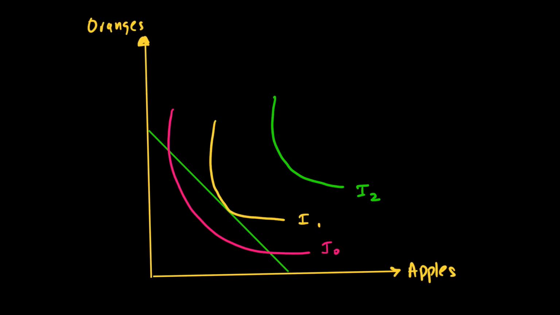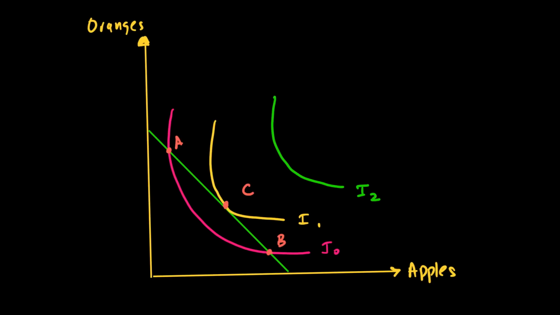But the problem is this, that I2 is right now unaffordable given my budget line is this green budget line. So with this green budget line, I2 is unaffordable. So this is not a combination that I can afford, and that's why it's not a combination which is going to be considered right now. But I could totally buy combination, for example, A, or combination, for example, B and combination C. Why am I saying that?